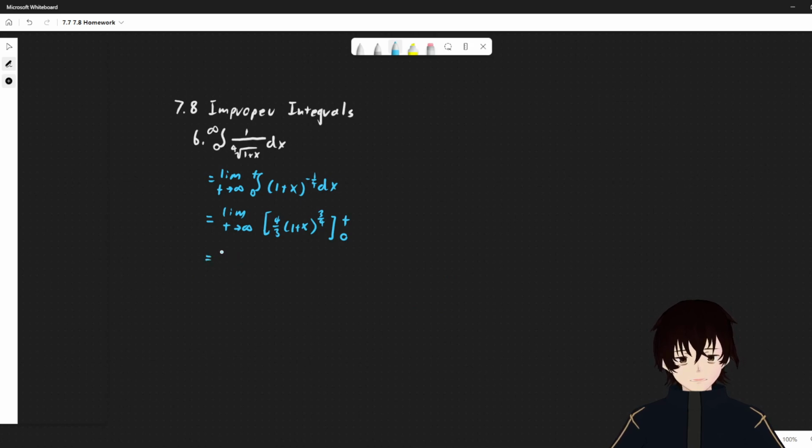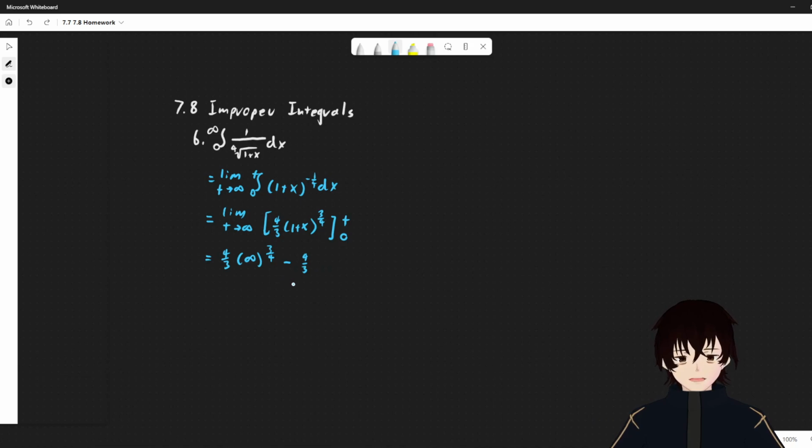Alright, that is equal to 4 over 3 times infinity to the 3 over 4 minus 4 over 3 times 1 to the power of 3 over 4, which is just that.